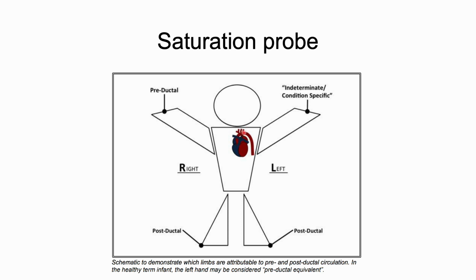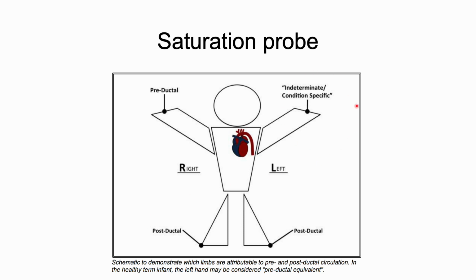And the patent ductus arteriosus sits between the aorta and the pulmonary artery, coming off after the branch to the right subclavian has come off. So essentially, your right arm is going to give you your preductal saturation, and then everything after that is postductal.